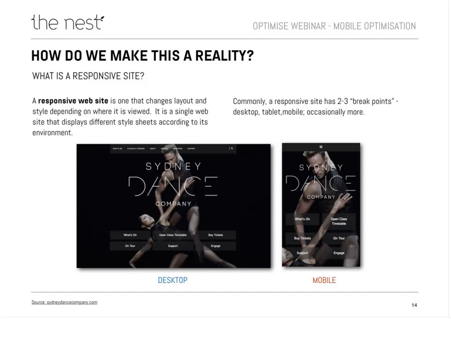Effectively what we're seeing on screen here is the Sydney Dance Company website that we launched a couple of weeks ago. You can see all the same elements are on the page, because it's the same HTML, it's the same page, but on the left we have the desktop style, and on the right we have the mobile style.